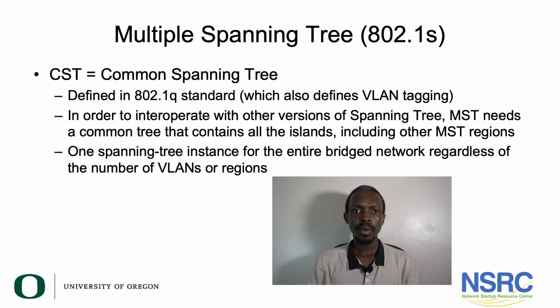In order to operate with other versions of spanning tree where you have a single spanning tree, multiple spanning tree needs that common tree that contains all the islands, including other MST regions. So that spanning tree instance for the entire bridge network is presented regardless of the number of VLANs or regions. That is the common spanning tree.